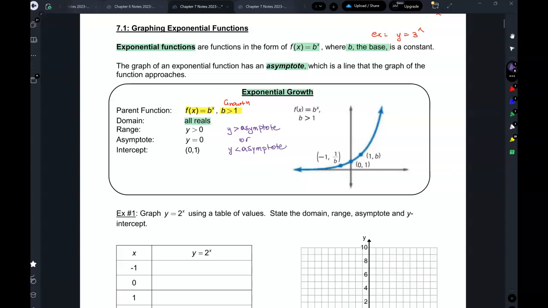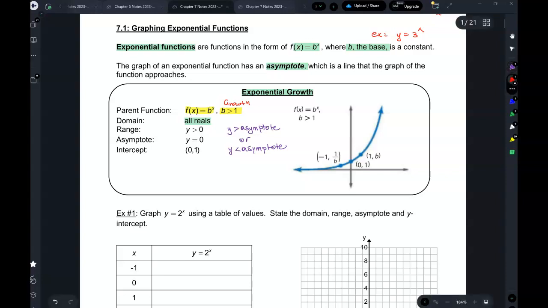In the default case, the asymptote is y equals 0. So for the range, it's either going to be y is greater than 0 or y is less than 0. Okay, how do we know? When you have the graph above the asymptote, then the range is y is greater than 0. If it's below, then it's got to be less than.